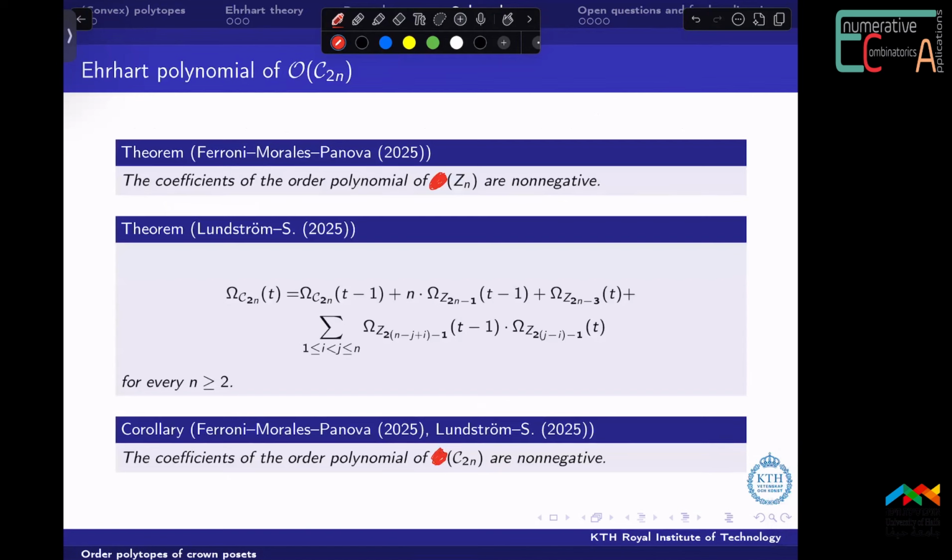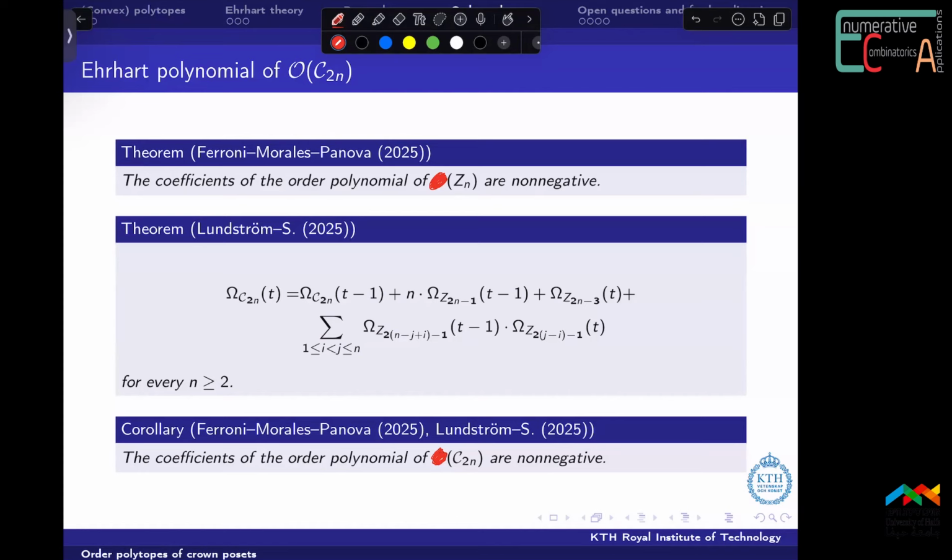Now I can talk about some of the results that we have. About the Ehrhart polynomial of the order polytope of a crown poset, I told you before that not all Ehrhart polynomials have only non-negative coefficients.